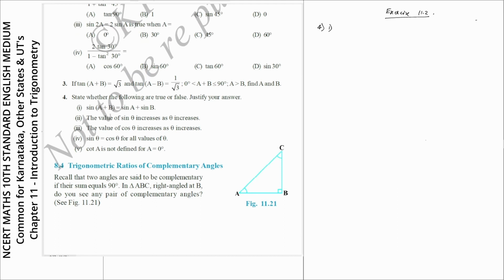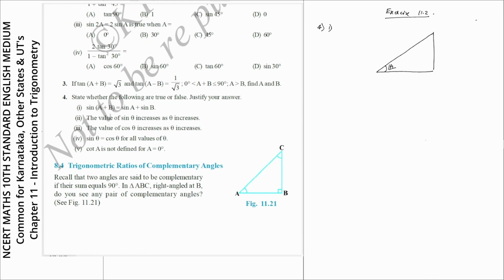Exercise 11.2, question number 4. State whether the following are true or false. Justify your answer. Sub question 1 is sin of (A plus B) is equal to sin A plus sin B. I'll draw one diagram. Let there be an angle A here like this.